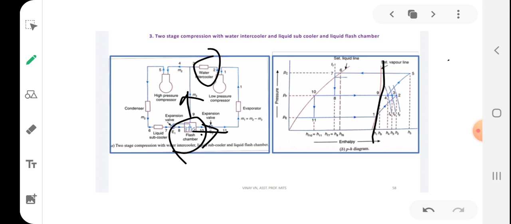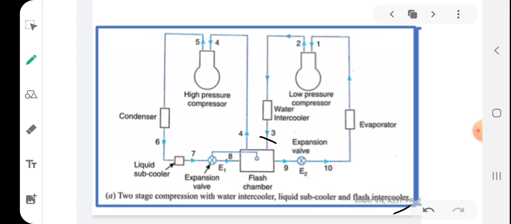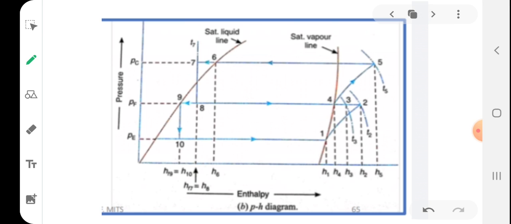In this particular type it is not possible. But here, since along with the water intercooler I am using the flash intercooler, you can see that. This is the pH diagram for the fourth type. You can see that point 4 reaches the saturated vapor line. Very important, it reaches the saturated vapor line, so that we can reduce this work.